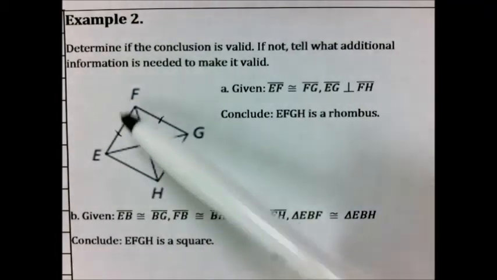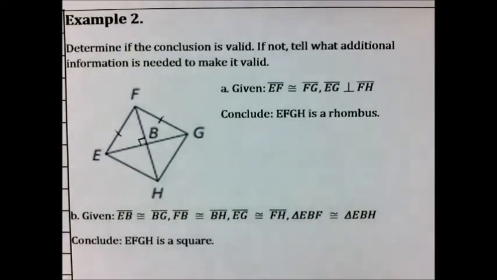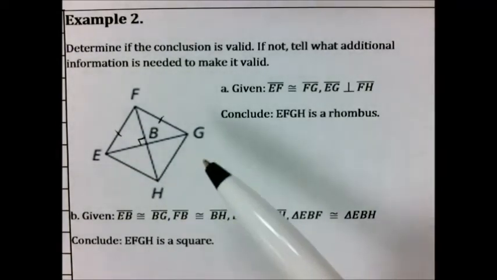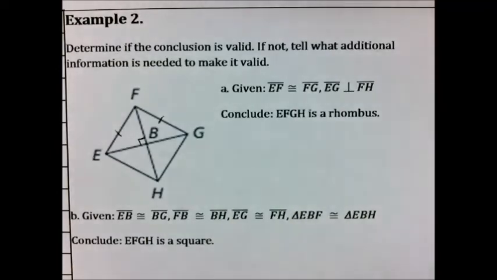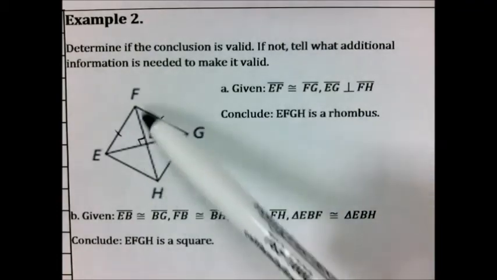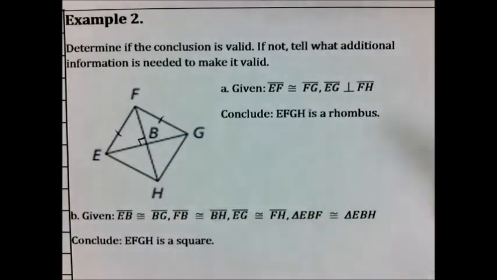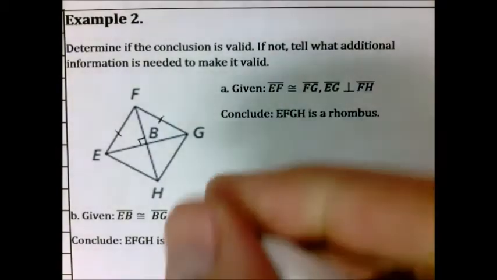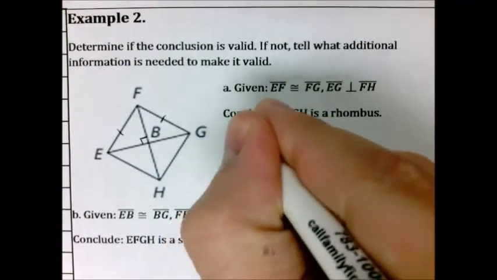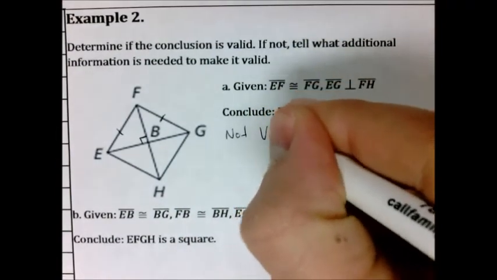Or diagonals that bisect each other, and we don't know that. Essentially, we don't have enough information to prove that this is a parallelogram. So we cannot conclude that this is a rhombus, even with the right angle from the perpendicular lines, because we first have to know that it's a parallelogram. So right now we have to say that it's not valid.